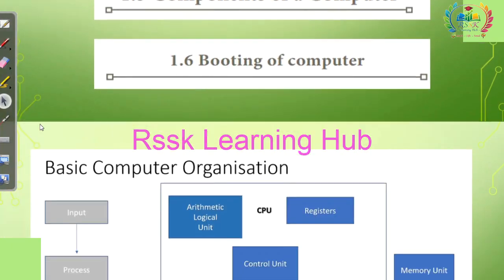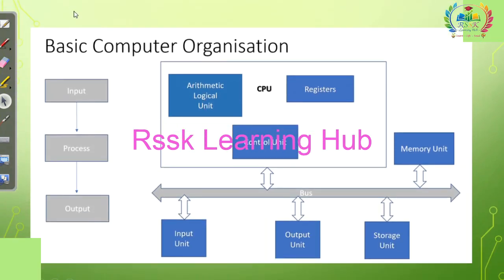Now, this is the basic computer organization. Input gets input from the user, processes it in the system and produces the corresponding output based upon the input. This is the basic computer organization structure of your system.